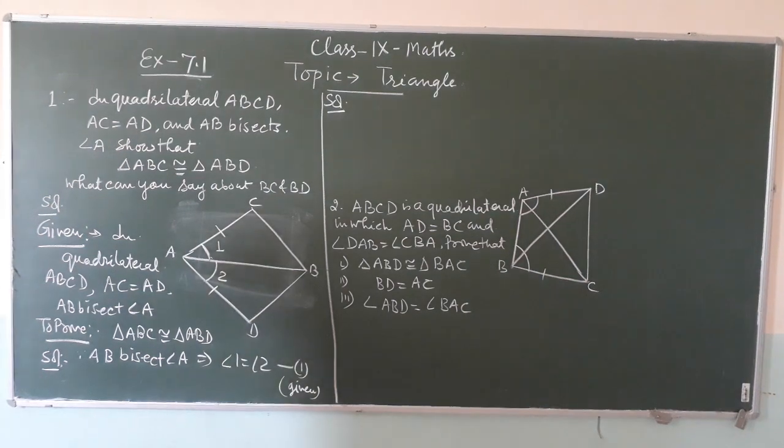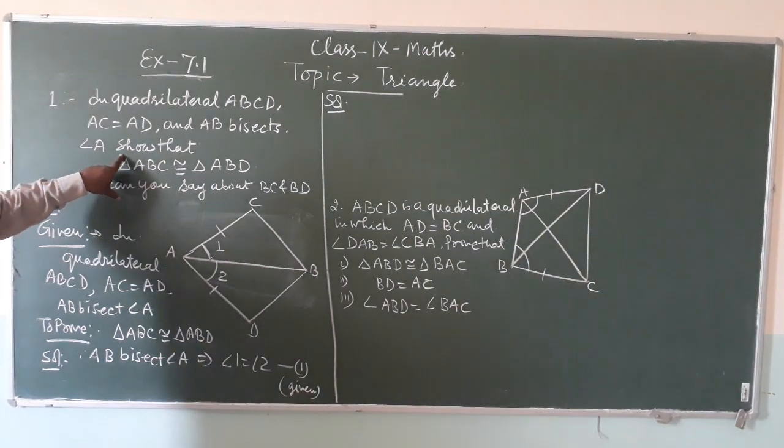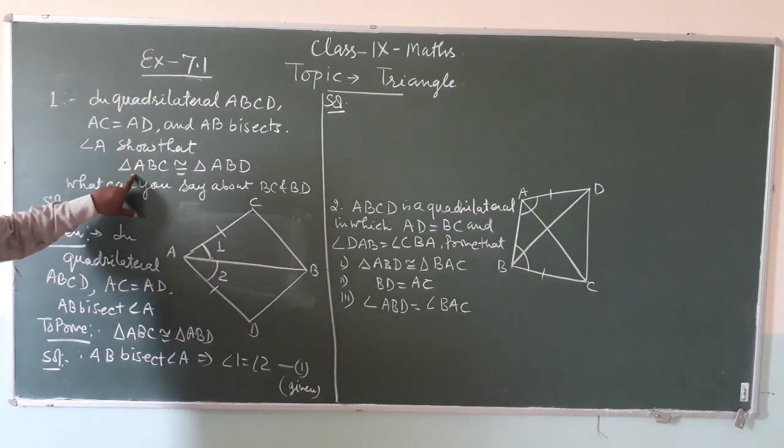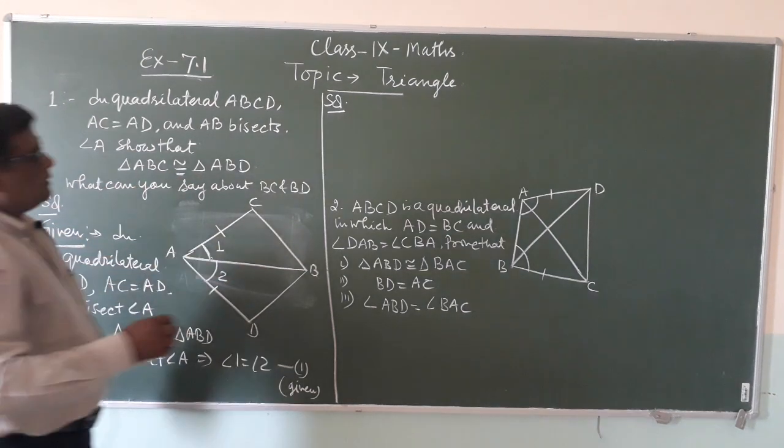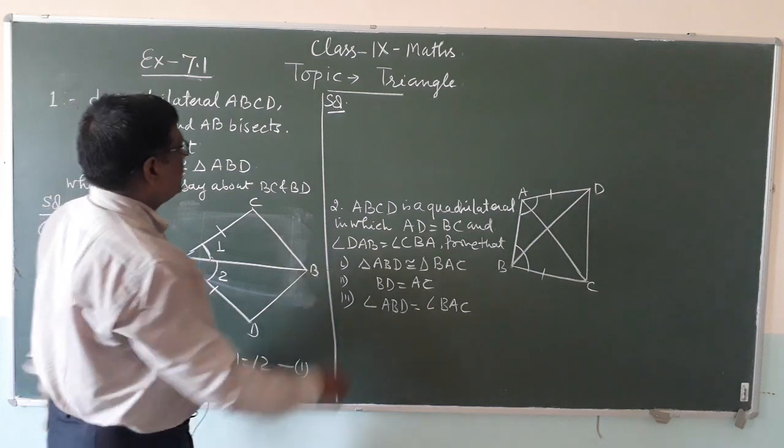Clear? Now what is our proof? To show that triangle ABC is congruent to ABD. This triangle is congruent to this. Now first of all write this triangle and this triangle.